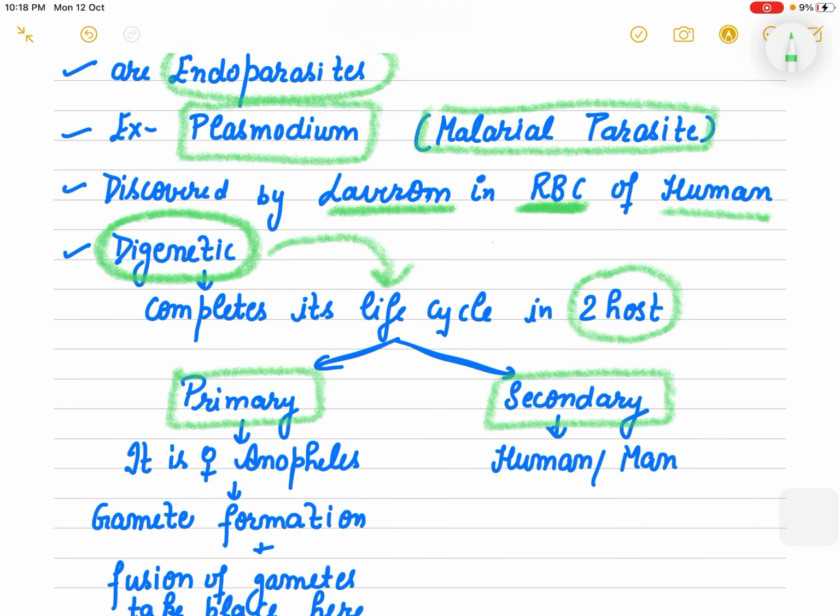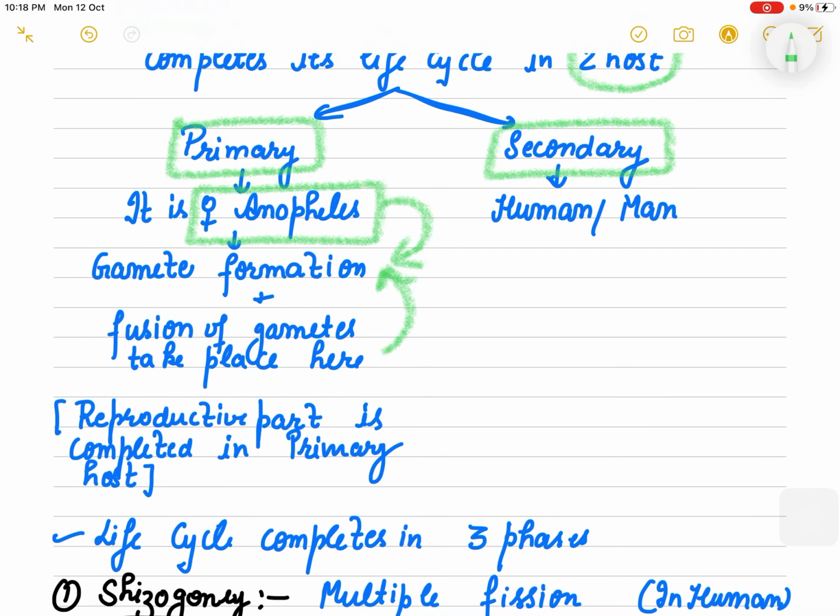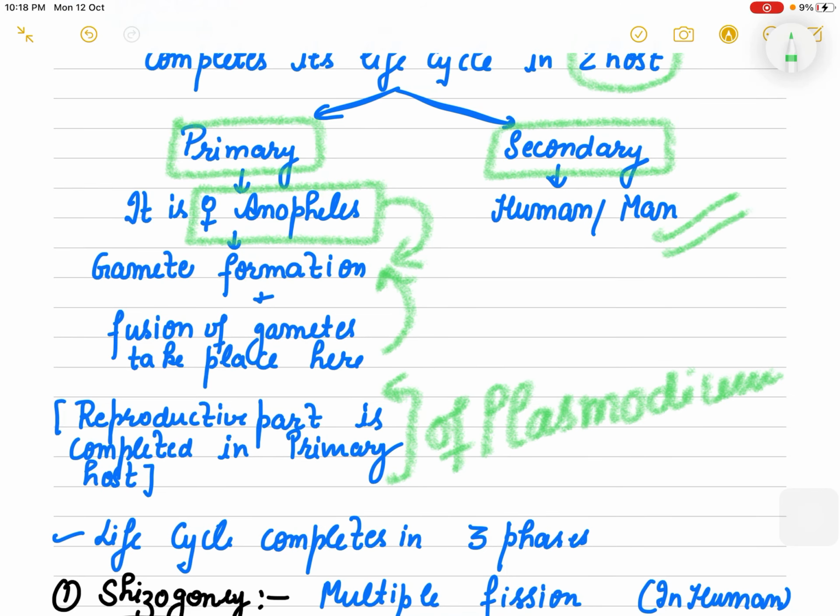The primary host here is the female Anopheles mosquito, in which Plasmodium completes its gamete formation, fusion of gametes, or to say it correctly, the reproductive part of Plasmodium is completed here in the female Anopheles, and the secondary host is human or man.